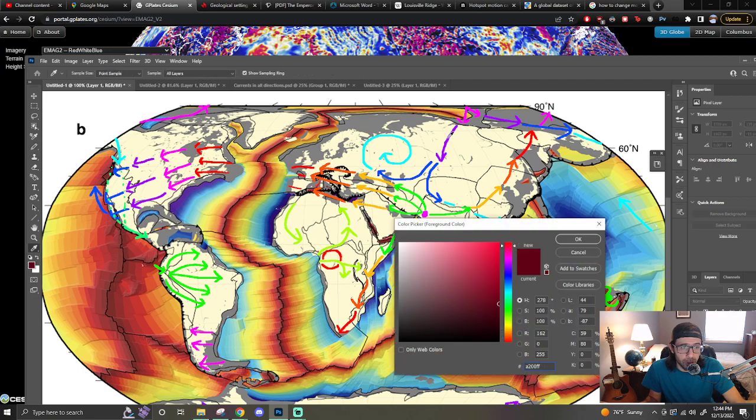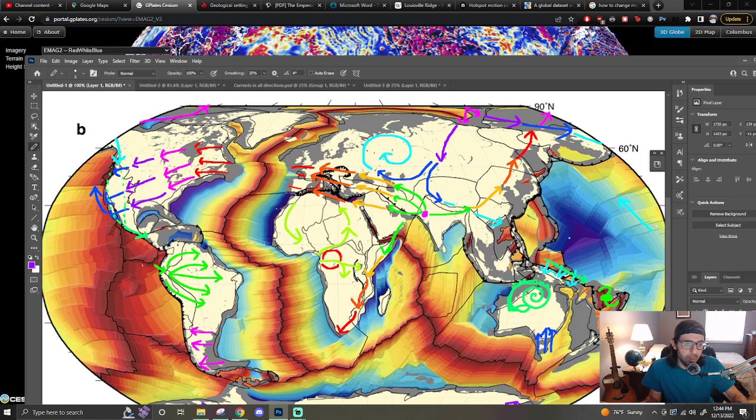So let's just draw that real quick. And then over here it's colliding, but a bit at an angle, which is producing waves out this way.